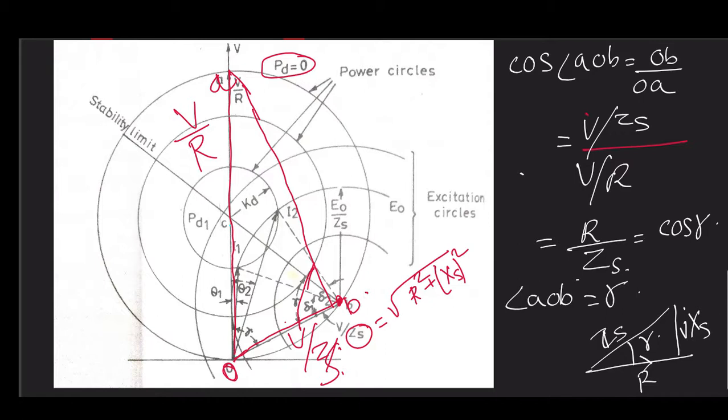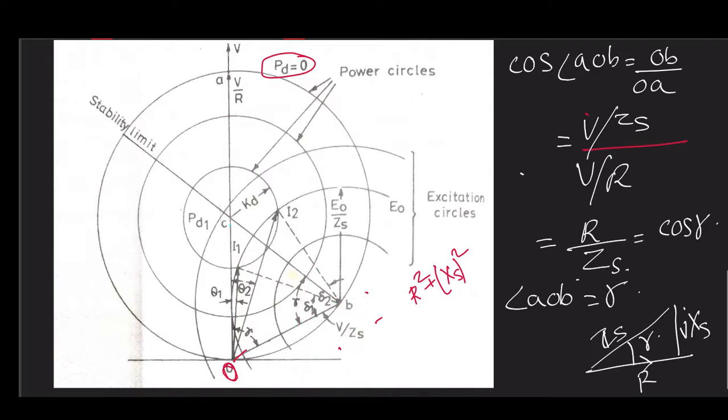We can draw the phasor of current I for that particular phasor E naught. Let me clear the picture, then it will become clearer to you. For E naught by Zs, this is our I.